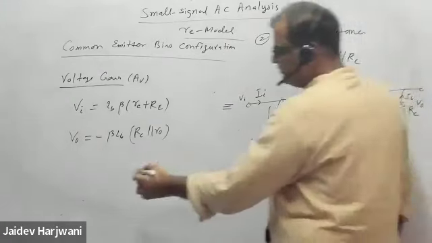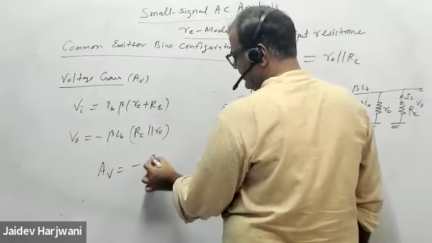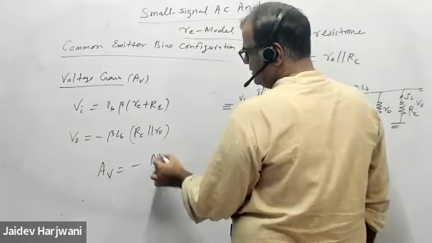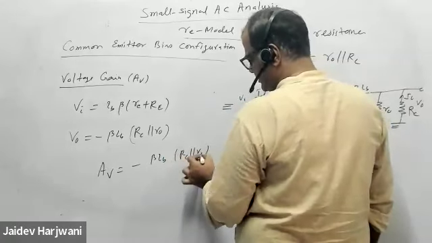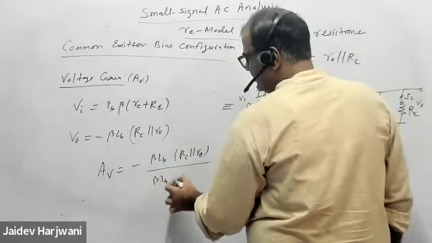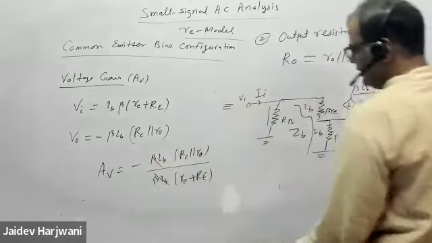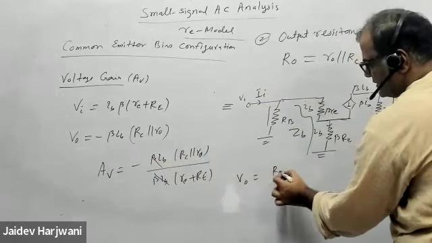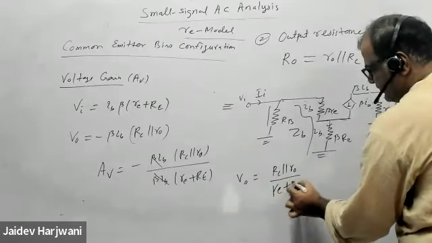So what will the gain be? The gain formula is simply minus beta IB into RC parallel R naught, and here is your beta IB into RE plus RE. This is cancelled out. So your voltage gain is again the same, RC parallel to R naught upon RE plus RE.